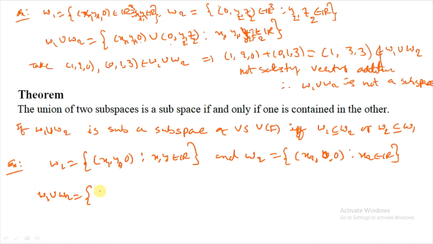This is (x1, y1, 0) union (x2, 0, 0), such that x1, y1, x2 belong to R.